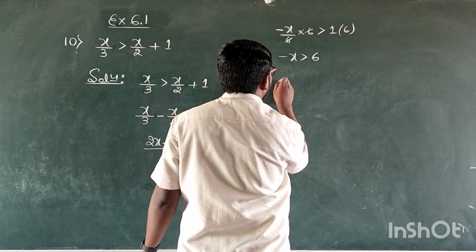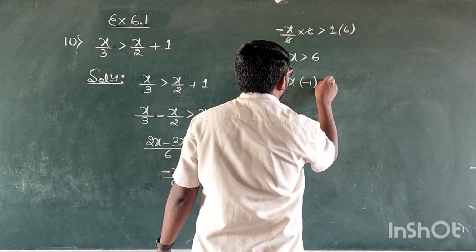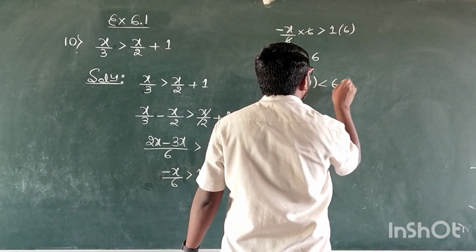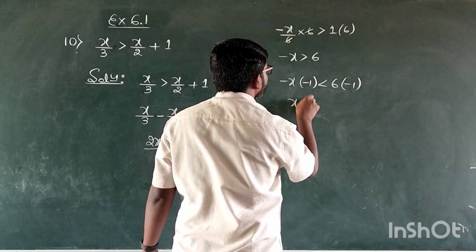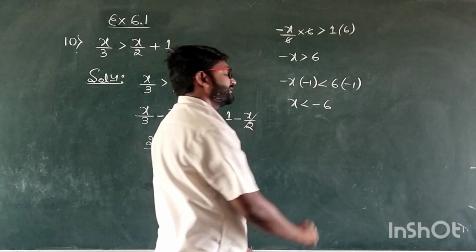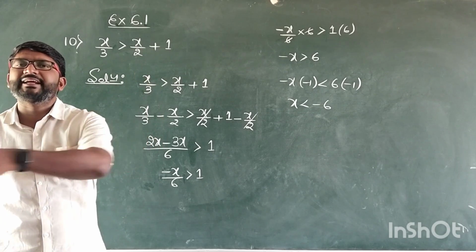So let us do that now. Minus x into minus 1, so it has to be less than 6 into minus 1. So this becomes plus x now, less than minus 6. So x less than minus 6, which means all the negative numbers.